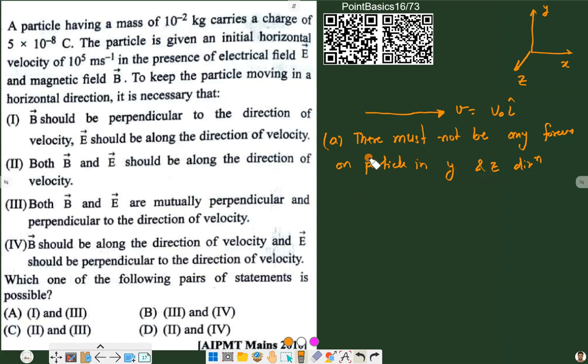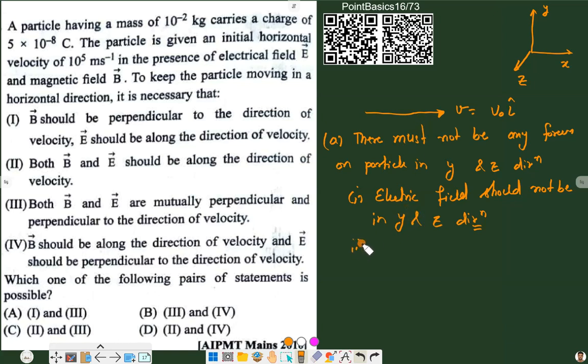So from this we can say, point number 1, that the electric field should not be in y and z direction, because if the electric field is in y direction, it will impart force on the particle in y direction. If the electric field is in z direction, then there will be force in z direction. So the electric field cannot be in y and z direction.